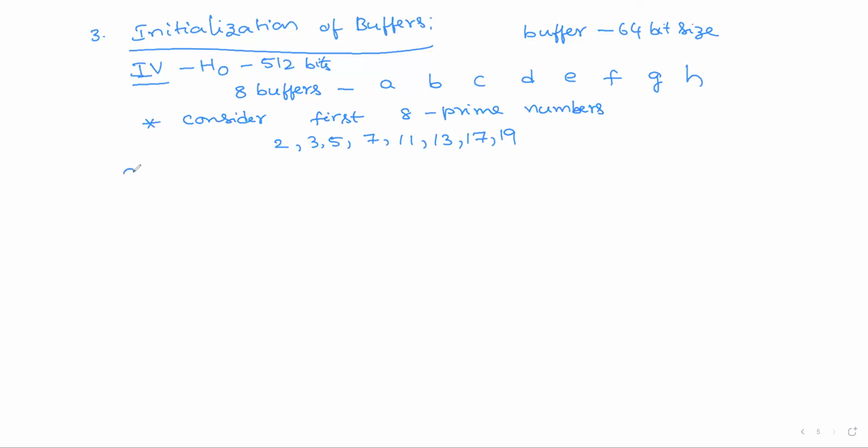Then after having these 8 prime numbers, how can we write the values of those buffers? To initialize the first buffer, that is A, we use the square root of the first prime number, which is 2. You know the square root of 2 is 1.414 and some more digits. This is in decimal number form. But write the fractional part of this square root of 2. These bits you write first in binary form.